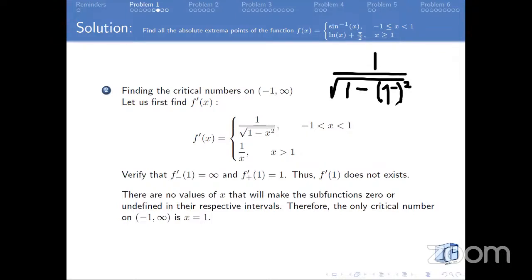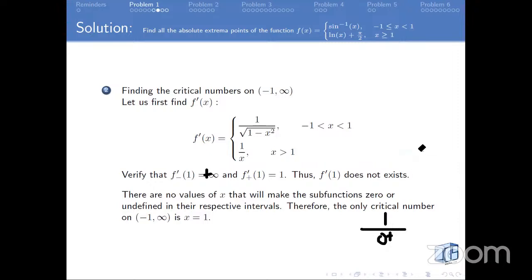So, mangyayari dyan, 1 from the right times 1 from the right, 1 from the right siya. Parang nag-apply dito yung law of multiplication of negative integers, basta negative 1 times negative 1 ay 1. So magiging 1 over 1 minus 1 from the right. So ang susunod na mangyayari naman, magiging 1 over 0 from the right siya. So kaya naging positive infinity siya.